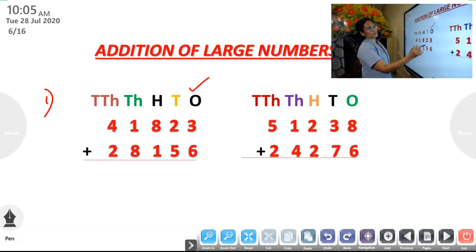Okay. So it is 3 plus 6. Ones place it is 3 plus 6. You can do either 3 plus 6 or 6 plus 3. What is the reason? Just now we studied that changing the order of the numbers does not change the sum.